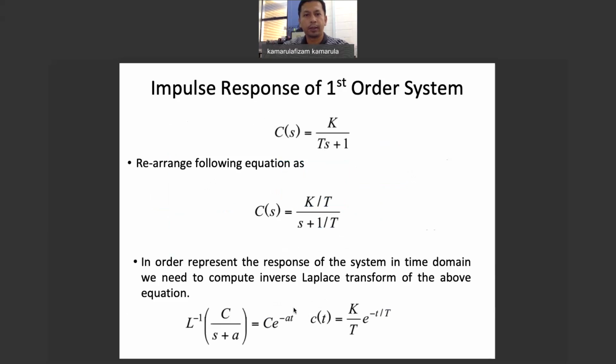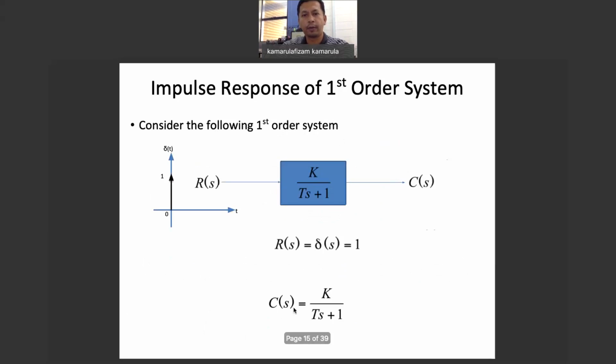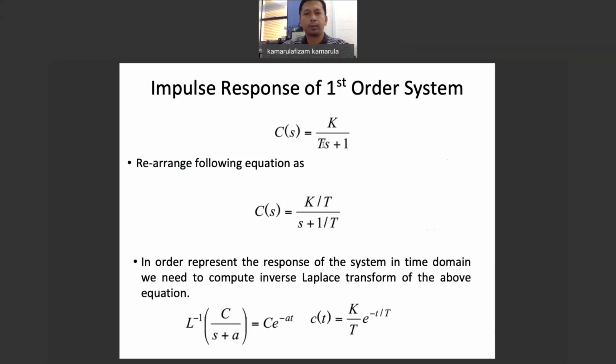So what happens is that because the Laplace transform of your impulse is equal to 1, basically nothing more or less will be happening. Okay, so when you rearrange the thing, you have this kind of transfer function.